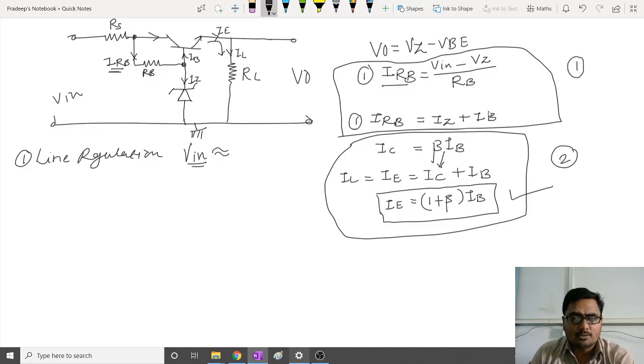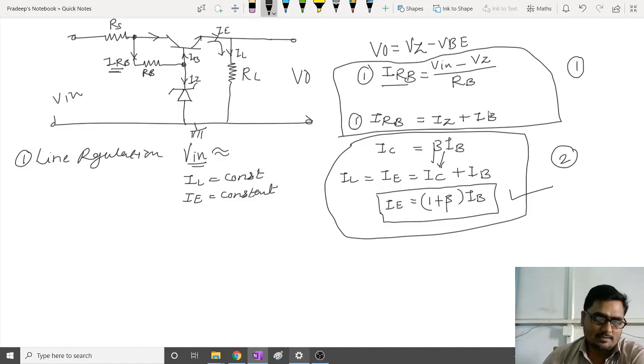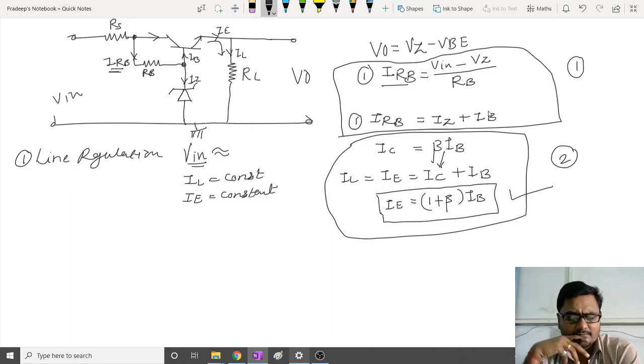And the load resistor must be constant, so the load current must be constant. It means I am talking about the emitter current, which is constant. Why am I saying that? Because the emitter current is nothing but your load current. So the load current IL, which is equal to IE, must be constant.